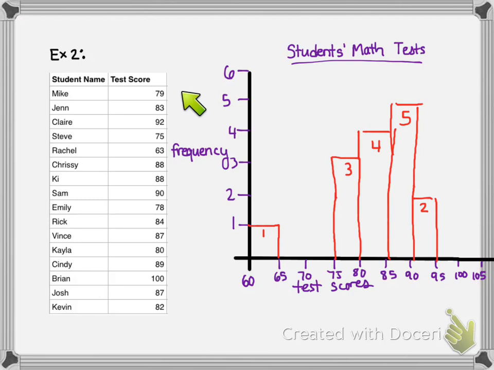Do you see any in there? There are none. And then maybe you see now why I gave myself a little wiggle room on the right-hand side. Our final bar would be at 100, which would fall in this 100 to 105 group.